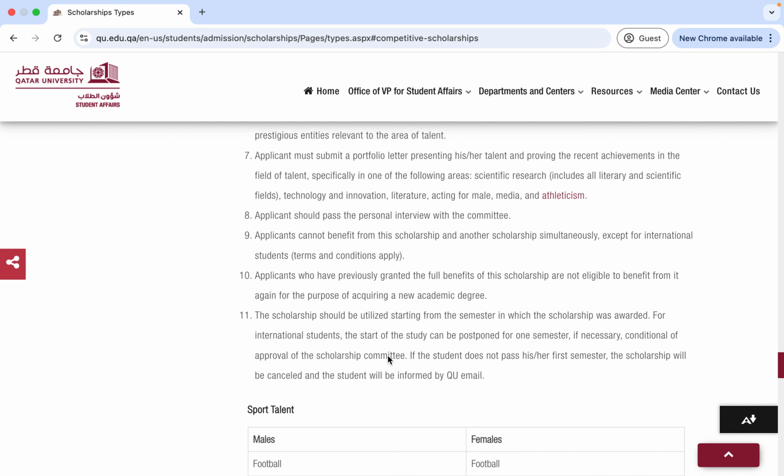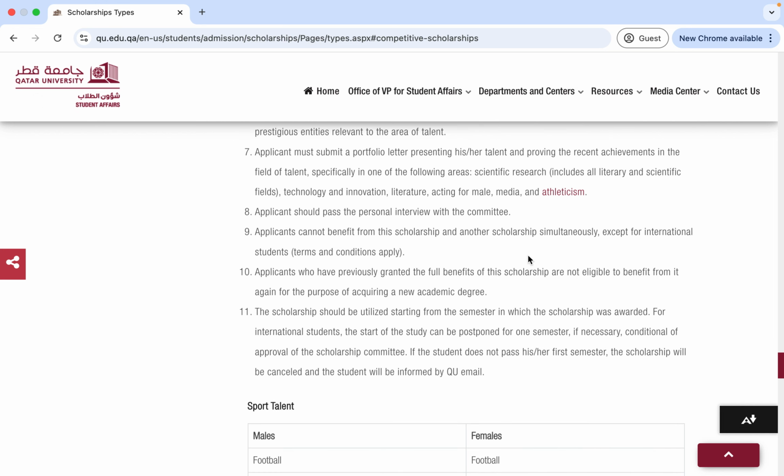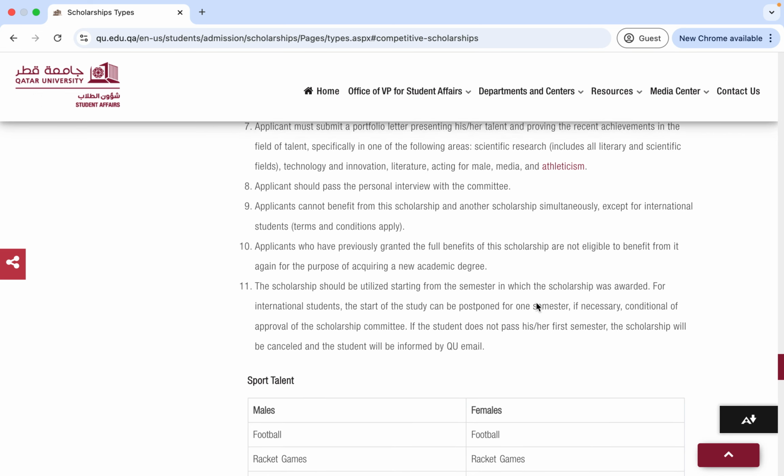So it means you have to have done something. Let's say in your high school you did a lot of athleticism, you participated in sports, you published journals and the rest of it. If you have done something like this, it is your time to shine. This is your time to apply and just present everything.